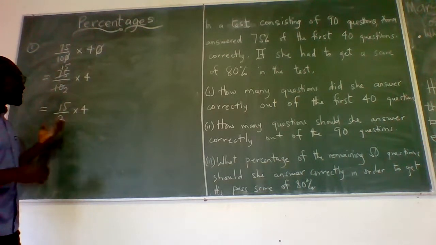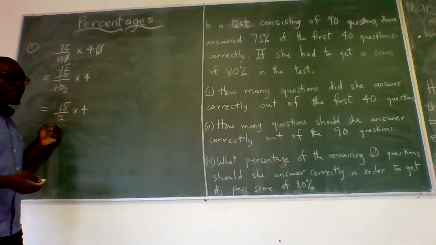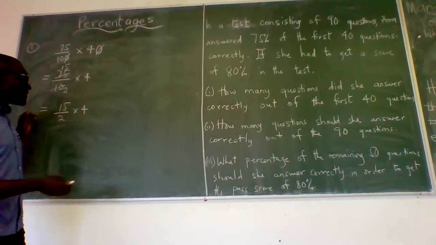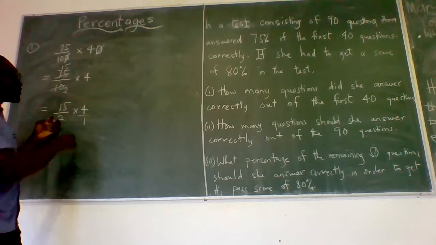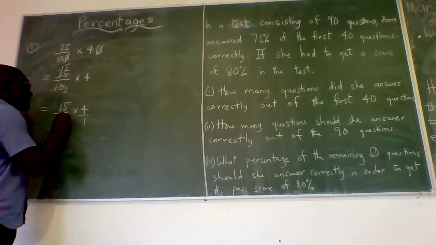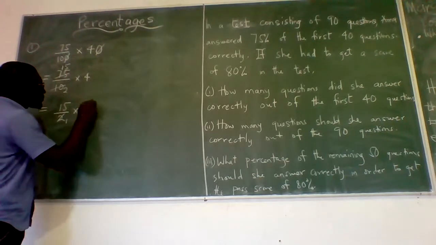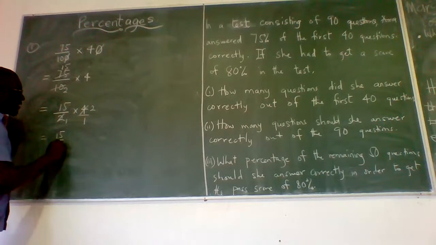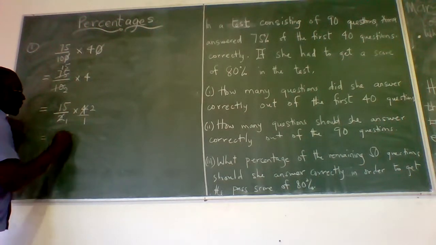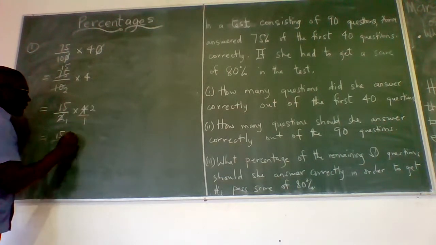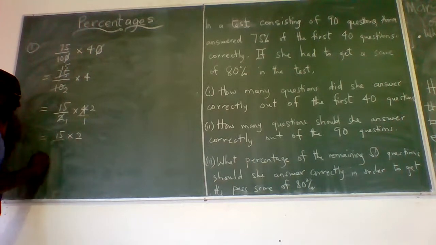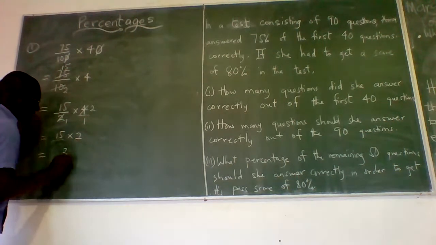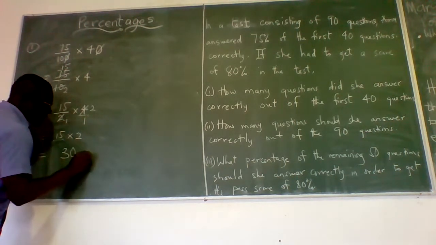Once again, this can still be reduced, because when you are doing the cancellation, you look at a denominator and a numerator. With this 2 and 4, 2 can cancel itself once and cancel 4 two times. Now we have 15 over 1, which is simply 15, multiplying 2 over 1, which is also 2. So it means that out of the first 40 questions, Amma answered 30 of them correctly.